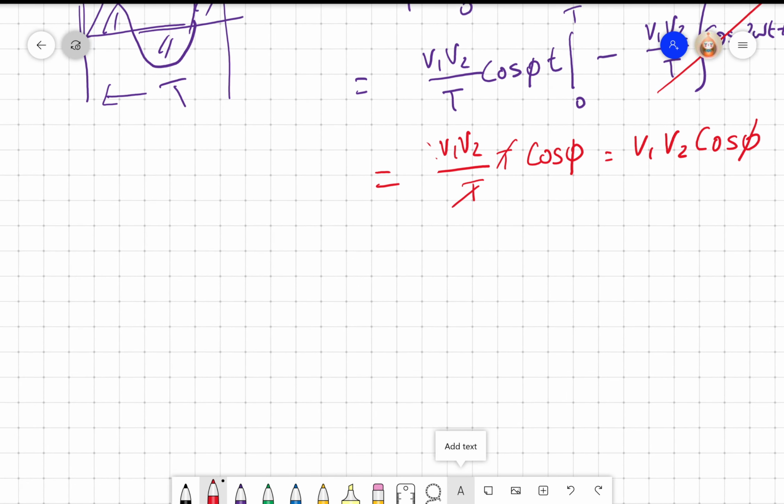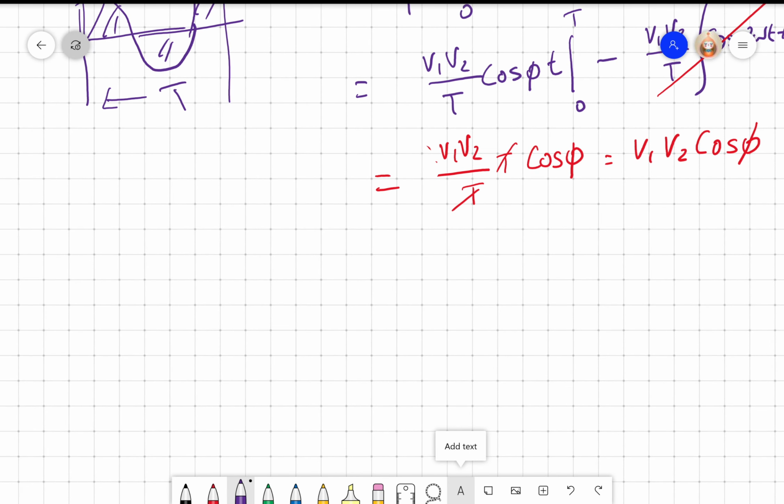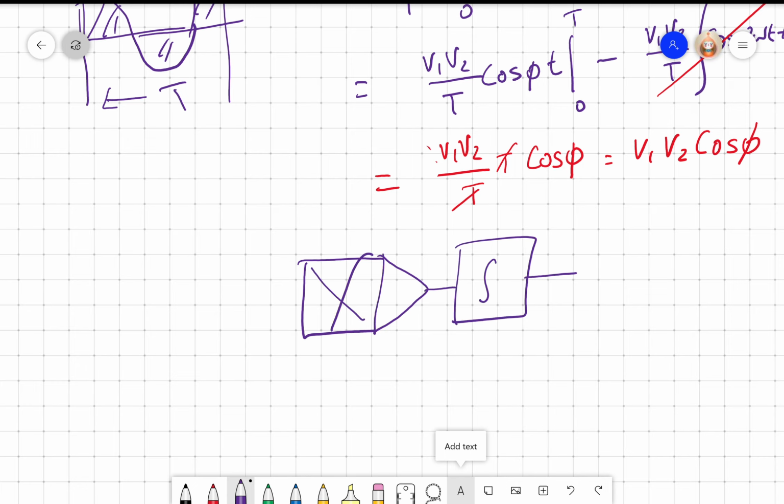Now if I do the other thing, some more multiplier, and output is integrated, and I get the output.